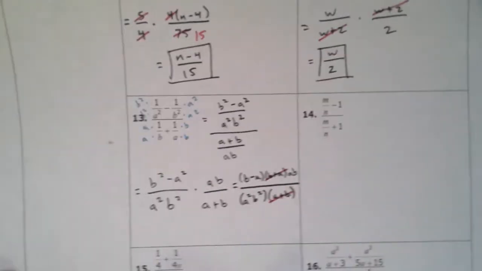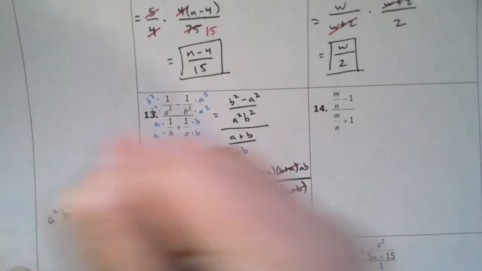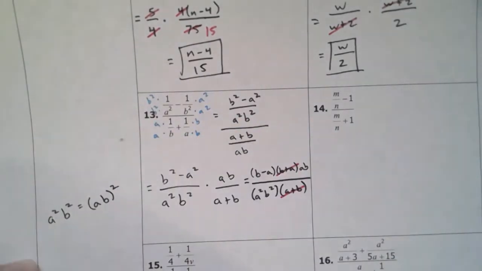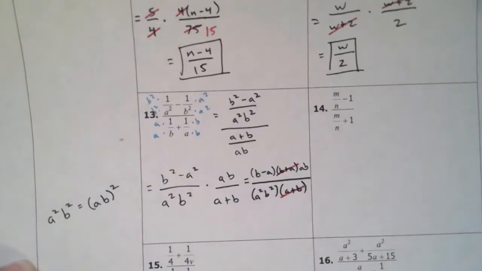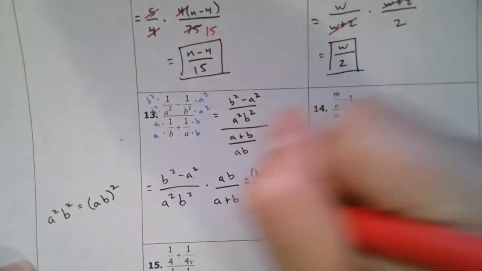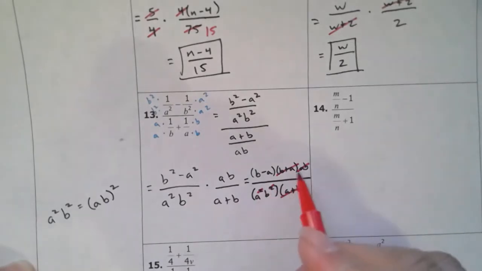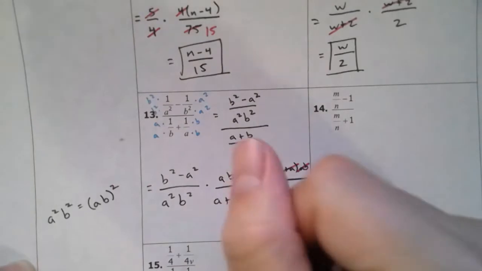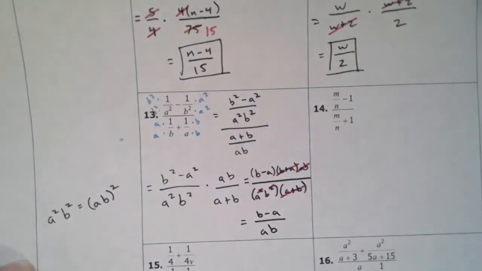Let's write a note off to the side: a squared b squared can also be written as ab squared. Recall your rules of exponents. The exponent distributes to each of these, and that's equal to this expression. You have ab up here, so this ab would cancel out the exponents there. These two with this one, you're left with just b minus a over ab.